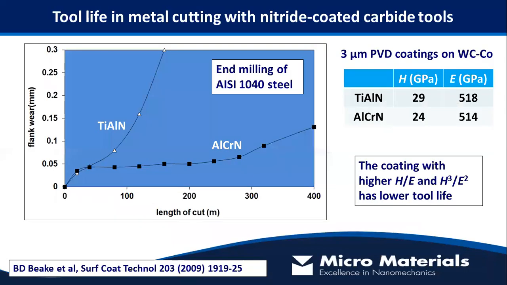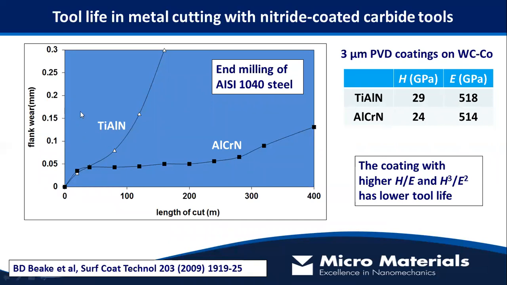Another example where you might assume different behavior than what you actually see is in metal cutting, in this case in the end milling of a structural steel. These are cutting test results for 2 different coatings of very similar stiffness on cemented carbide.